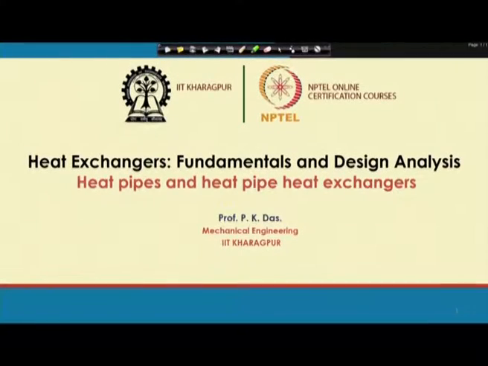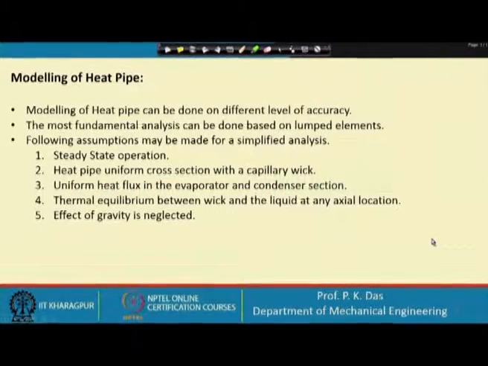Today we will move to an important aspect of heat pipe, that is the modeling of heat pipe.